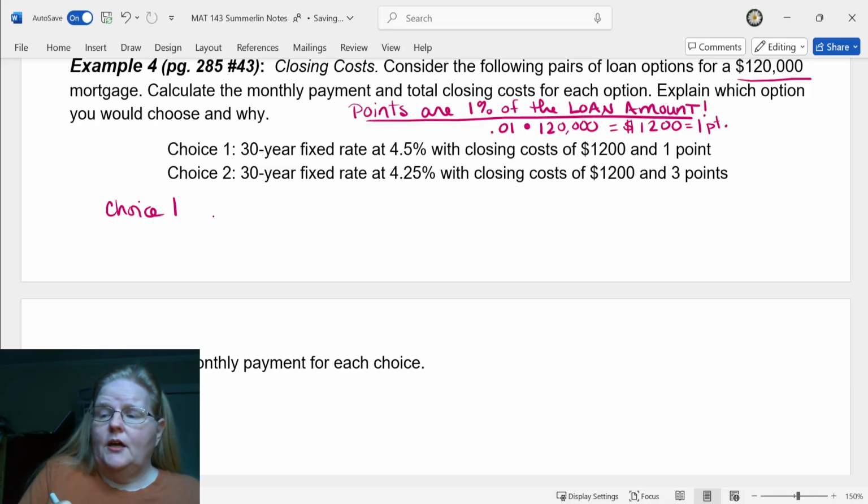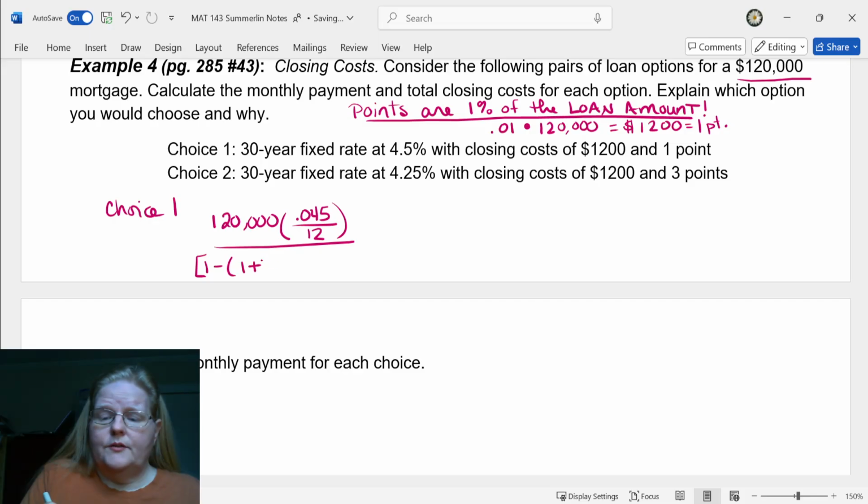So that's going to be the 120,000 because it's a cheaper house, and then the 0.045 over 12 over 1 minus 1 plus 0.045 over 12 close to the negative 12 times 30 years close.